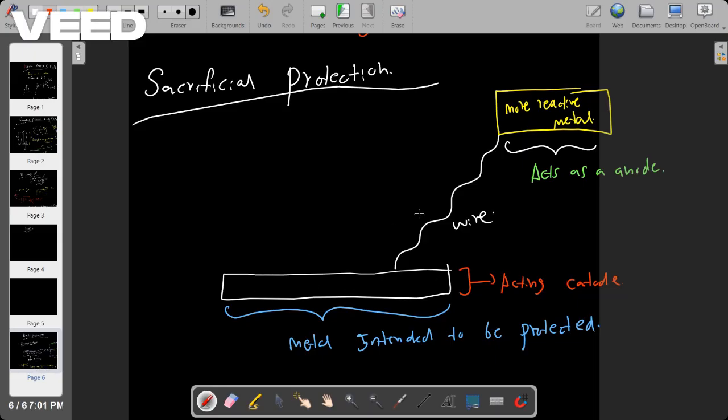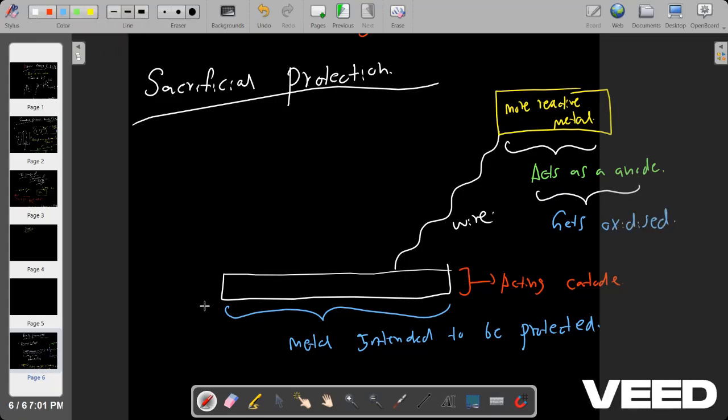So why is it called an anode? It is getting oxidized. Anode always gets oxidized. Oxidized means what? This anode is getting corroded, not the other metal.